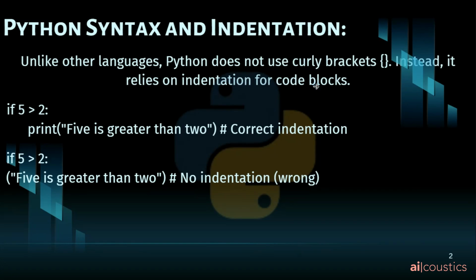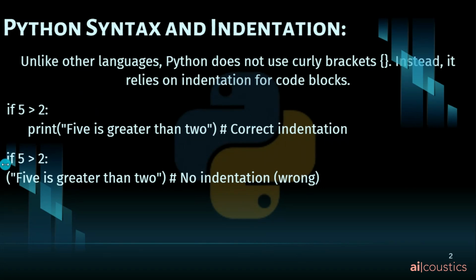Indentation is nothing but a space or tab to define the structure of code. Now see here, I have an example. If 5 is greater than 2, here there is a space. Here is an indentation we say. Print 5 is greater than 2. And this will work correctly. So this is your correct indentation.